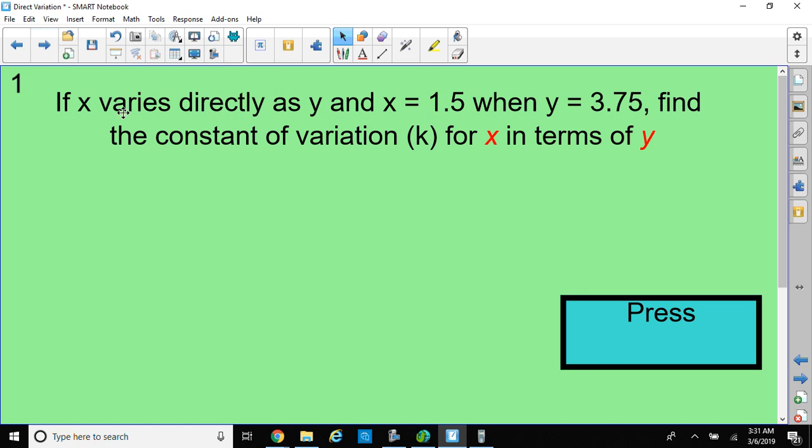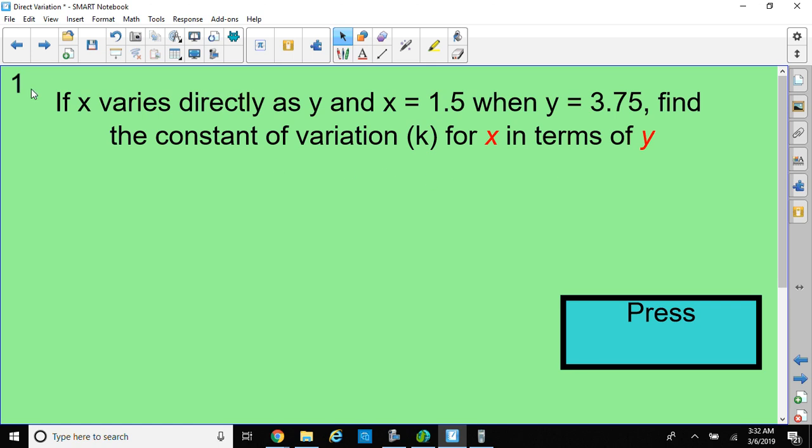If x varies directly, that means they're going in the same direction as y, then if x is 1.5 and y is 3.75, find the constant of variation k for x in terms of y. So they're asking for a fraction, which is the k, of x over y. Remember, x came first, y came second, even though we know the formula is y over x, but they're asking for it in terms of y. So here's your first letter and here's your second letter.